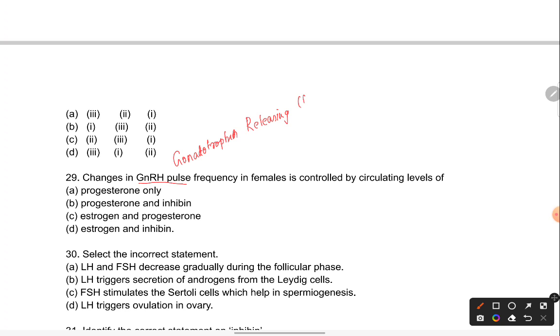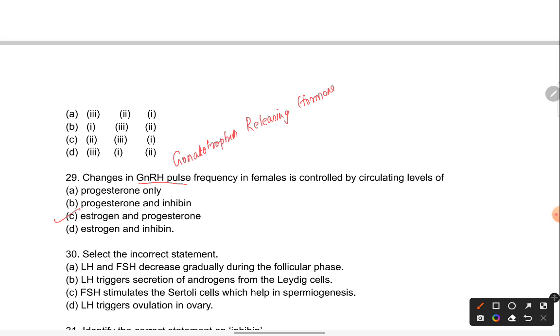Gonadotrophin releasing hormone, which is secreted from the hypothalamus. Changes in this hormone's pulse frequency in females is controlled by circulating levels of which hormone? A, progesterone only. B, progesterone and inhibin. C, estrogen and progesterone. D, estrogen and inhibin. The correct answer is estrogen and progesterone.